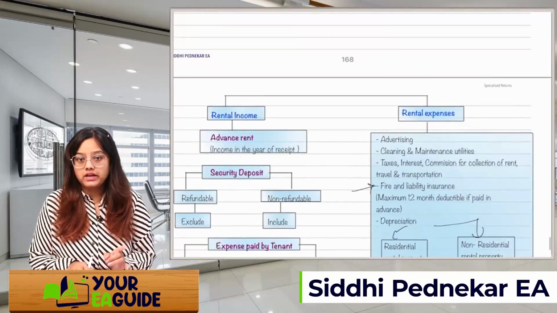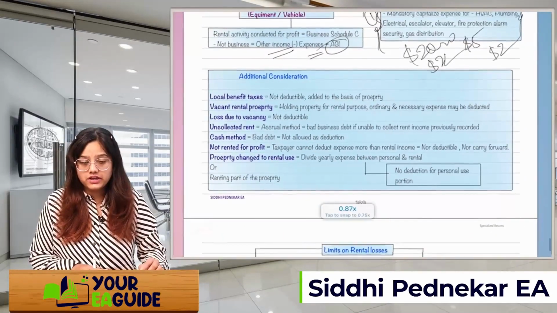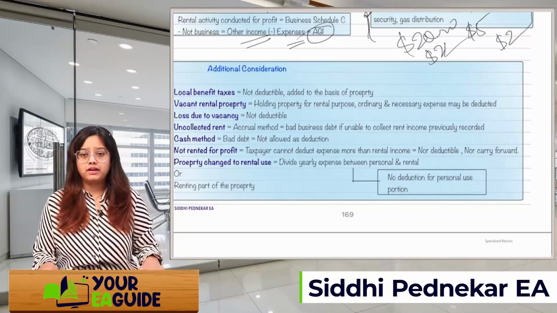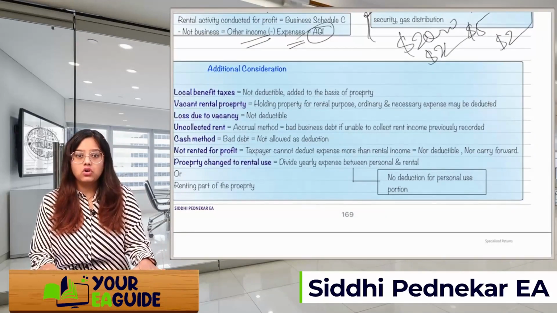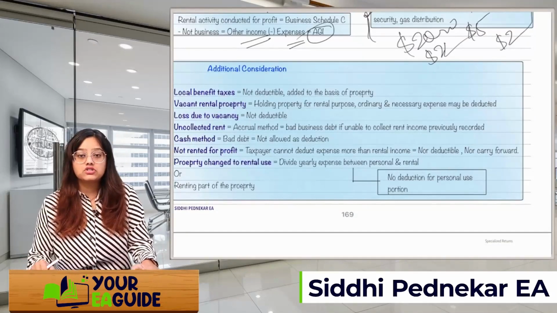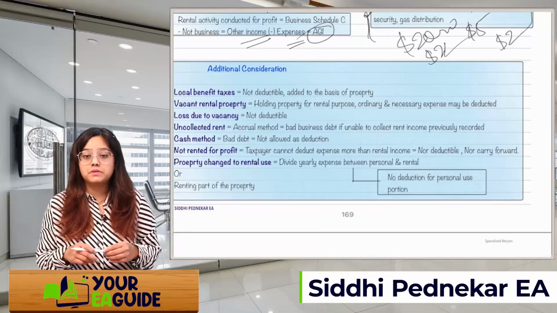Okay, so rental income and rental expense we have done. Next is additional consideration. What are the things which need to be kept in mind for rental property? If you are paying local benefit taxes, it is not deductible but added to the basis of the property. Local benefit taxes means what?